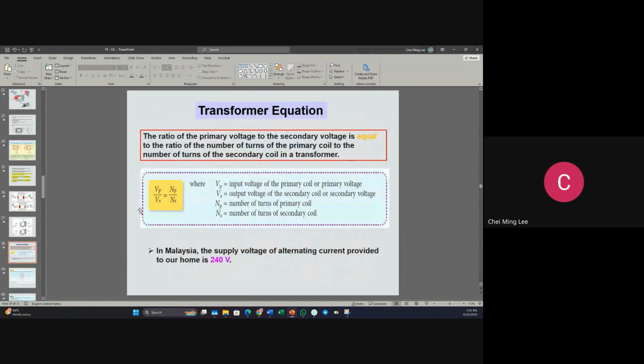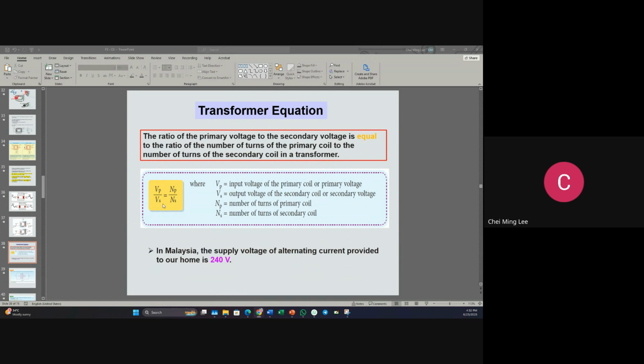All right, now let's see the transformer equation. The ratio of the primary voltage to the secondary voltage is equal to the ratio of the number of turns of the primary coil to the number of turns of the secondary coil in the transformer.